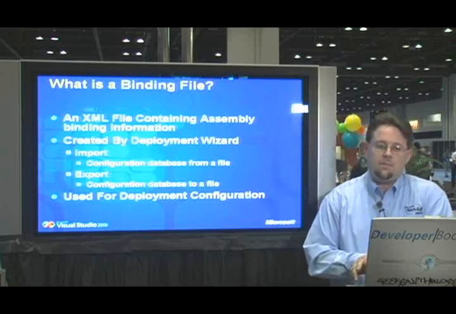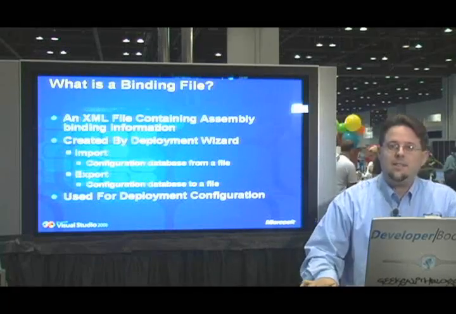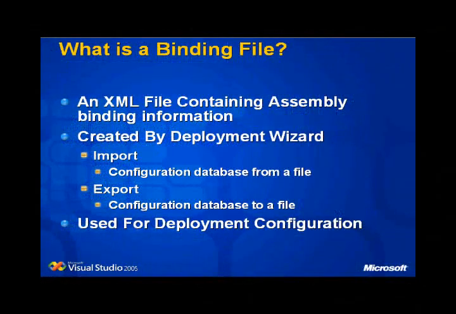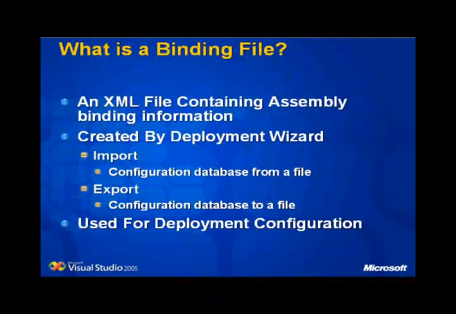A binding file is an XML file containing assembly binding information. It's created by the BizTalk deployment wizard, and you can either import or export. When we import them, we import the information into the BizTalk configuration database from a file.